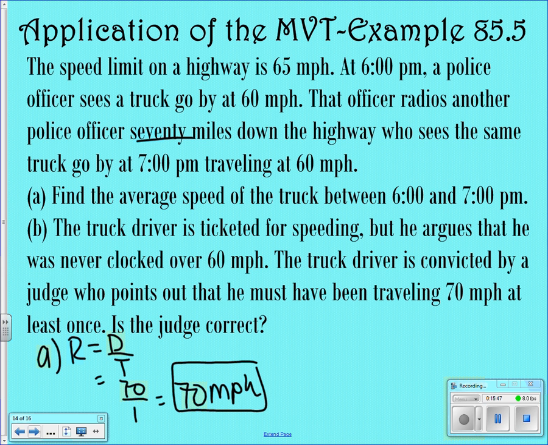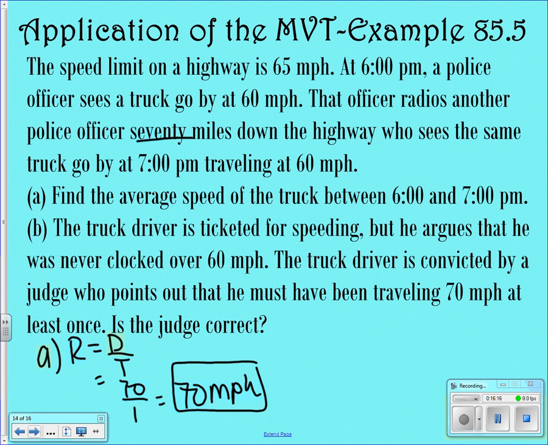The truck driver is ticketed for speeding, but he argues that he was never clocked over 60 miles per hour, which is a true statement. The truck driver is convicted by a judge who points out that he must have been traveling 70 miles per hour at least once. Is the judge correct? Well, yes, the judge is correct, because there is no way for him to have gone 70 miles down the highway within 1 hour unless he had been going at least 70 miles per hour at some point.